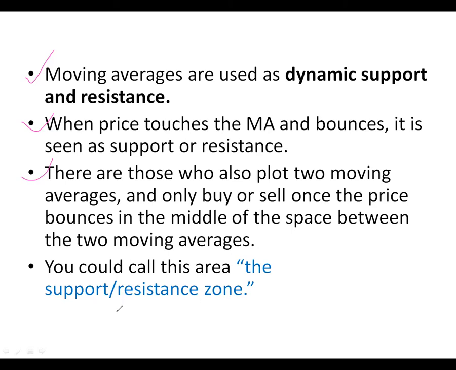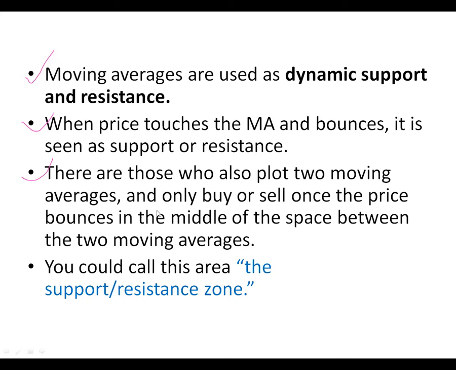And point number 3 is also saying that there are those who plot two moving averages, and then they use the interval between the moving averages as a zone. So whenever price comes into that zone and bounces off it, they place their trade, believing that zone is a support or a resistance zone. So this is how people trade support and resistance using moving averages.